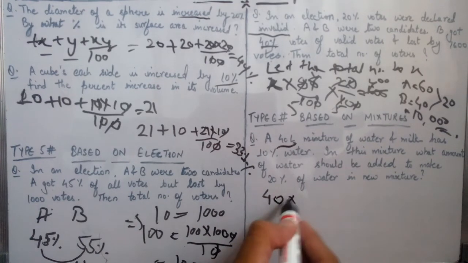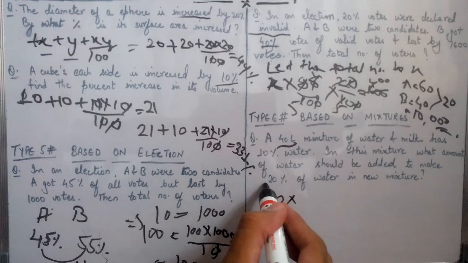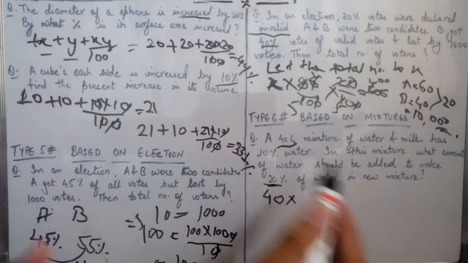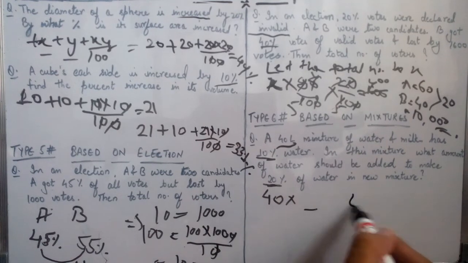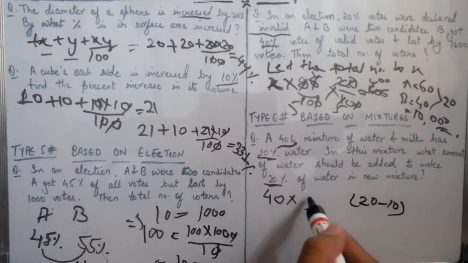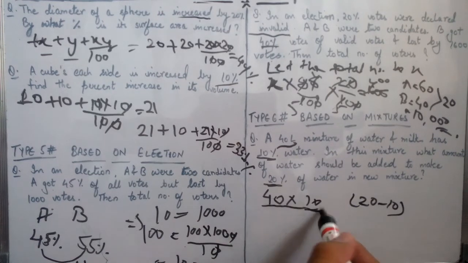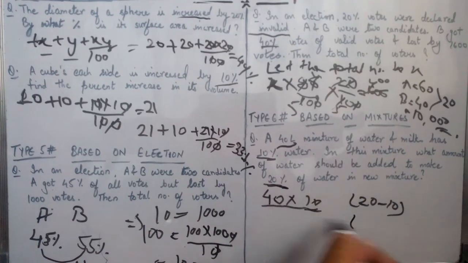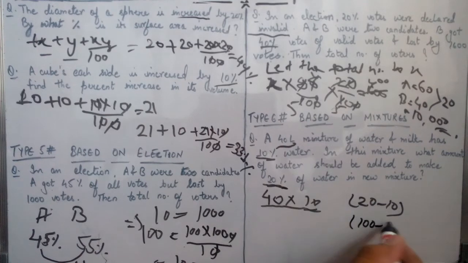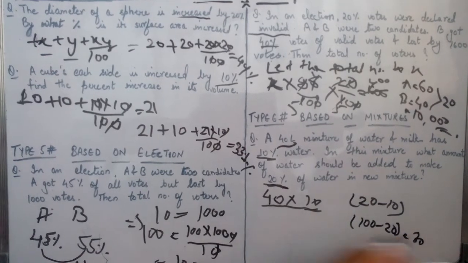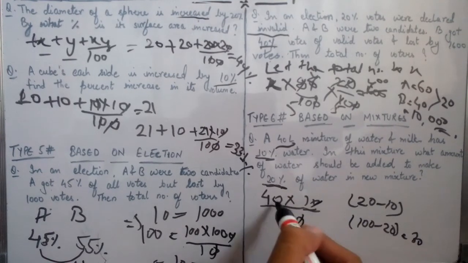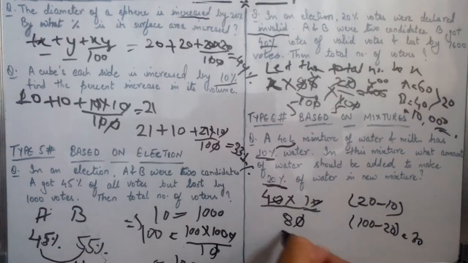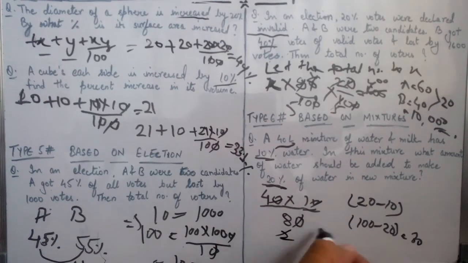So 40 into, now 20% is what we want in the new mixture and presently we have 10, so 20 minus 10, that is 10. 40 into 10 upon, at the denominator 100 minus 20 equals 80. 40 into 10 upon 80, so the answer is 5.